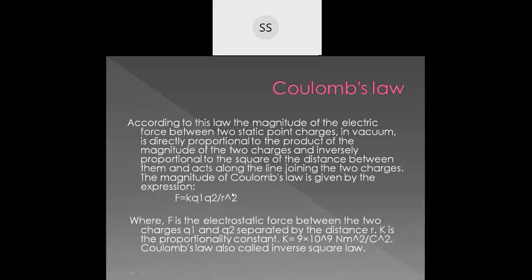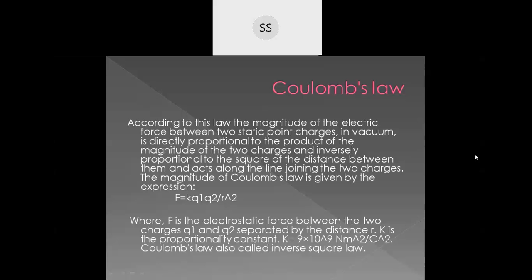As distance increases, force decreases. As distance decreases, force increases. The force between the two charges is inversely proportional to the square of the distance between them. As the distance increases, the force between them will be really low.